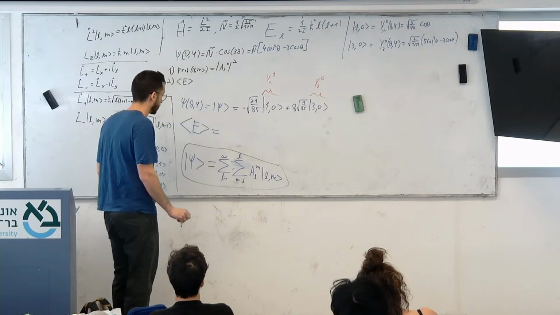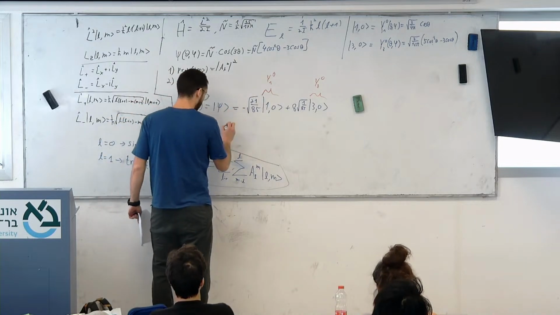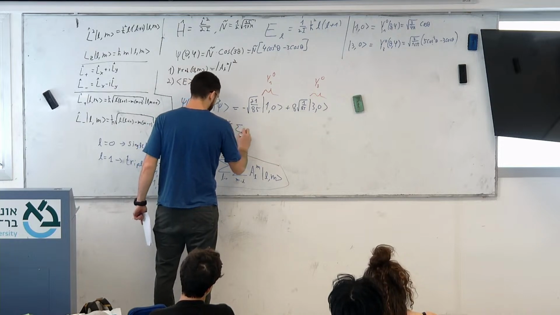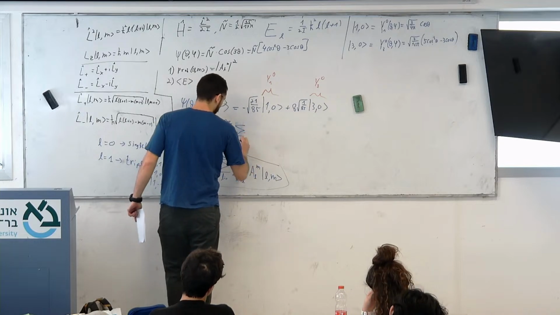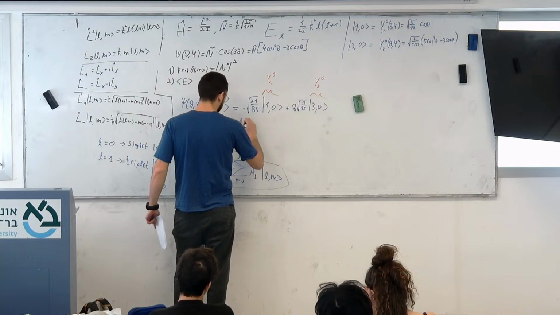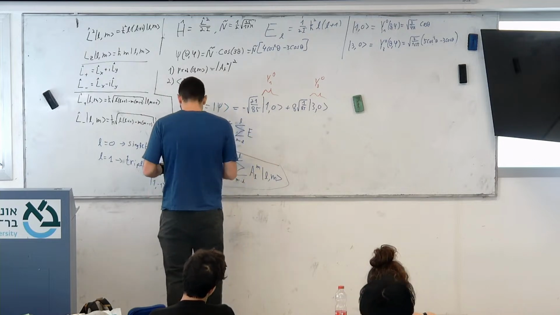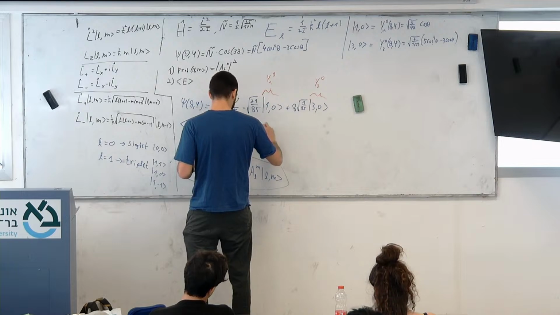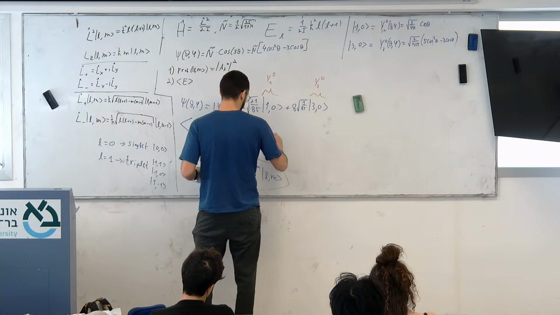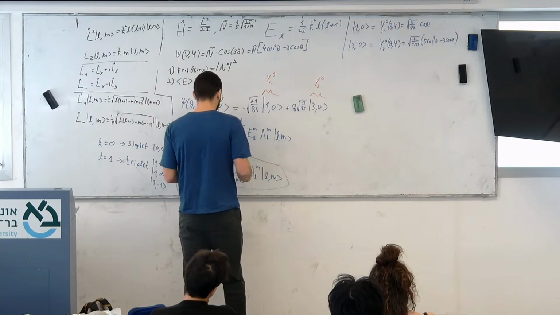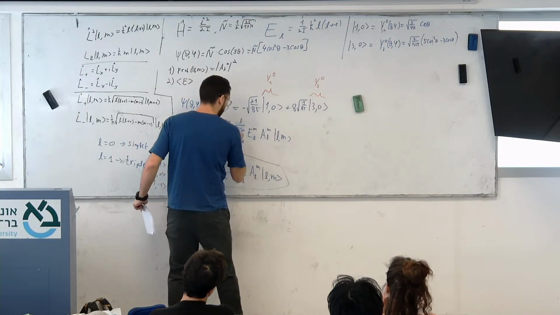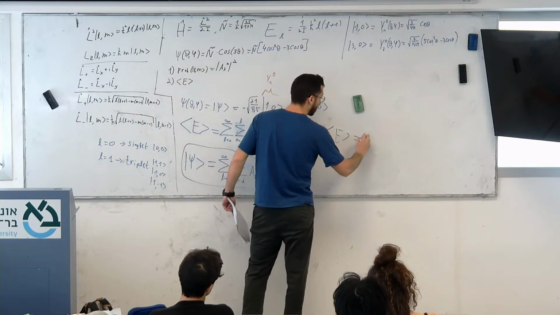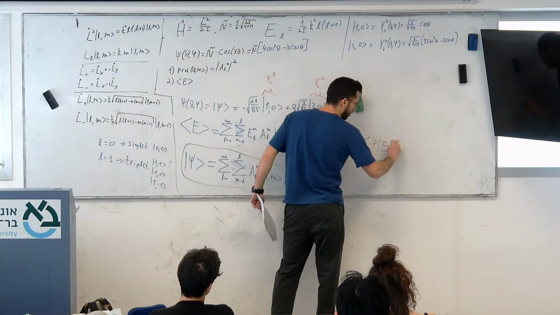You do the simple sum of probability of LM times the energy of L, which we can write as a sum over L equals 0 to infinity, M equals minus L to L, of E_LM times the probability. Actually, when we have the expectation of E, I can write it as psi E psi.